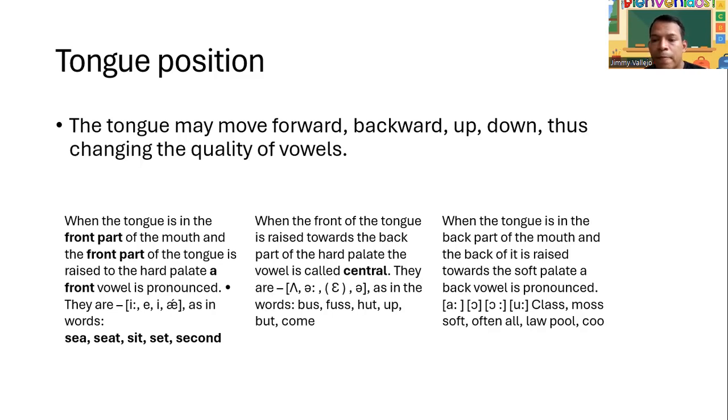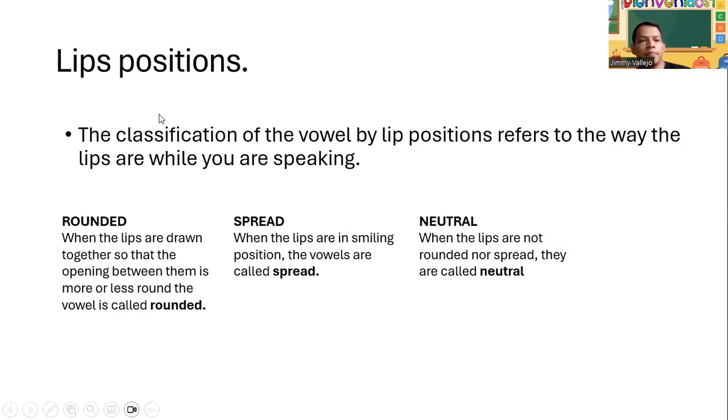For example, when the back of the tongue is raised towards the soft palate, these are back vowels. For example: most, soft, often, loud, pull, and so on.